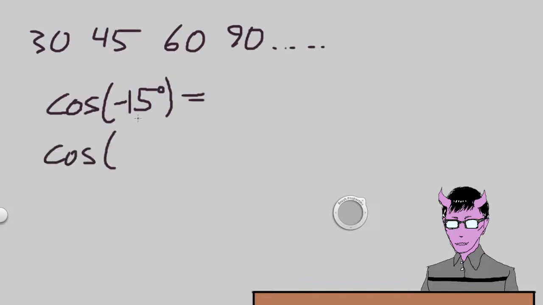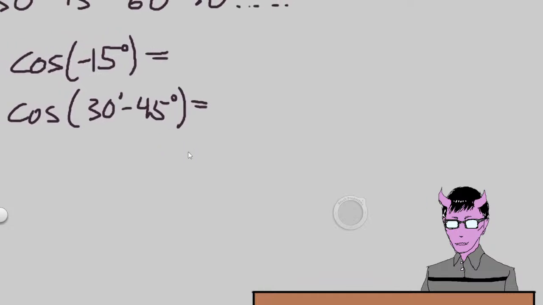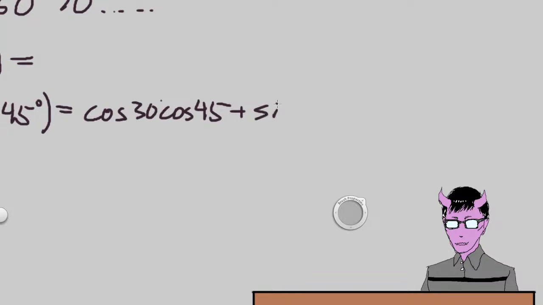Alright, so decomposing the angle, we split it into this minus that. And now we just do the expansion. Cosine, you keep the cosines together. So cosine 30 degrees, cosine 45 degrees. This is a minus, so you don't keep the same signs as plus. Keep the signs together.